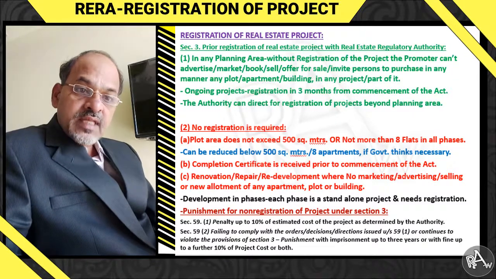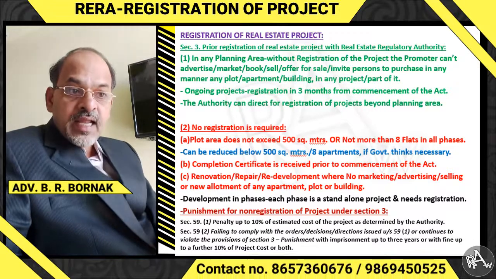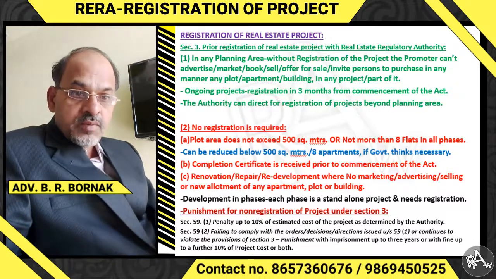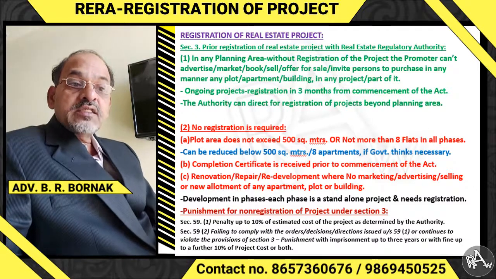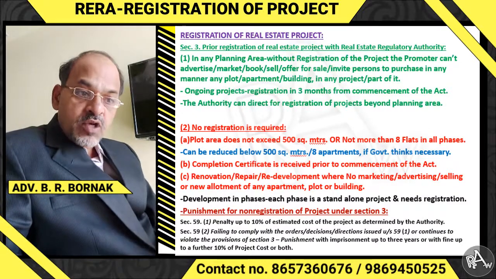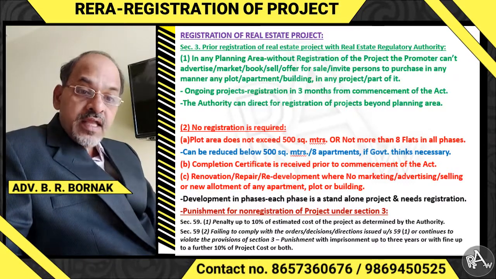Means if there is a failure to comply and continuation of the same default, same violation, in that case there is punishment with imprisonment up to 3 years or with a further fine of up to 10% of the project cost, or both.